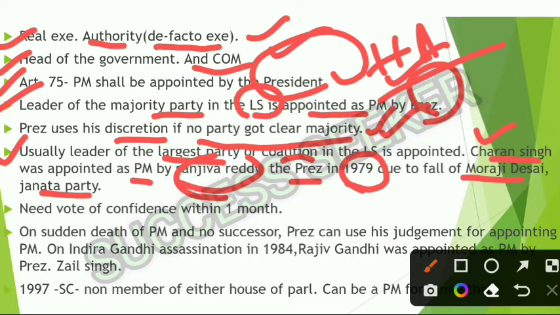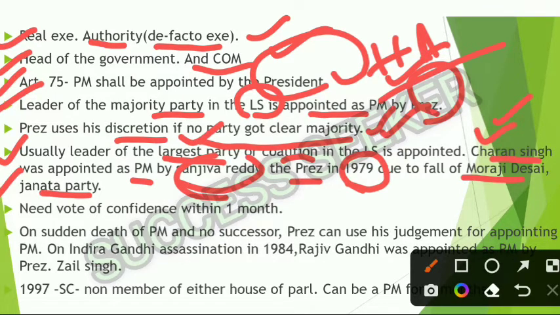There was no other option and the largest party or coalition was with Charan Singh, but he had to establish a vote of confidence within 1 month to continue as Prime Minister.